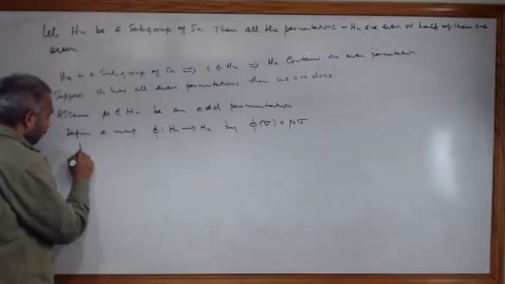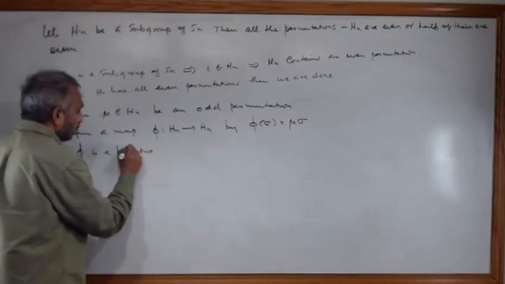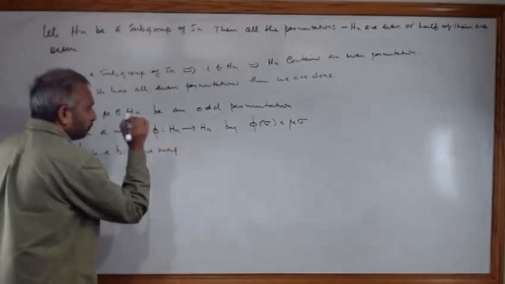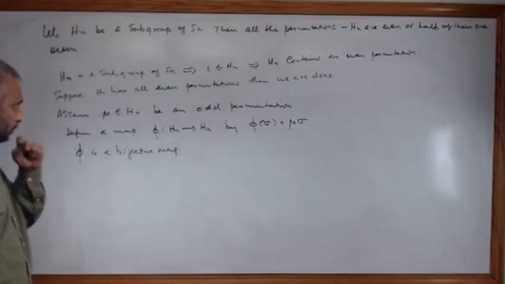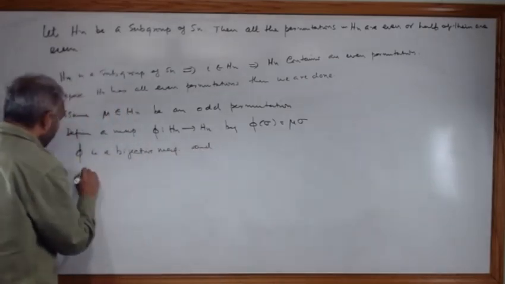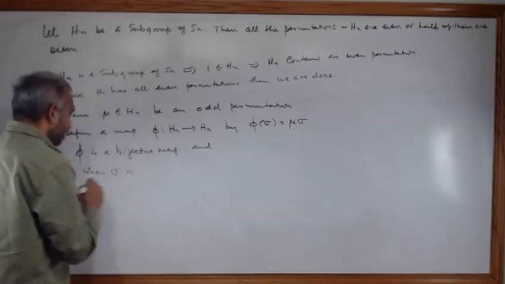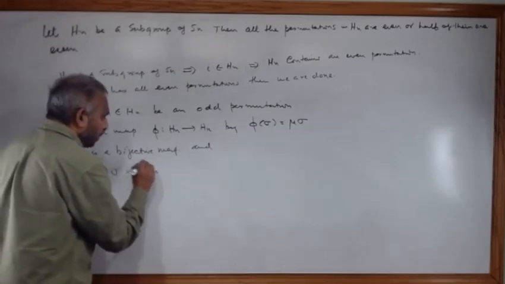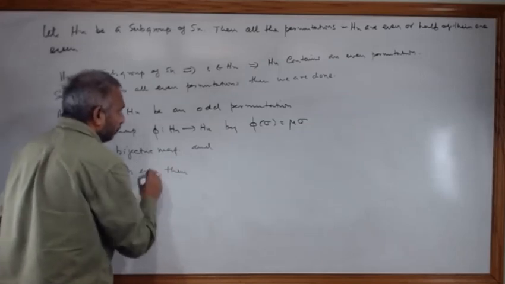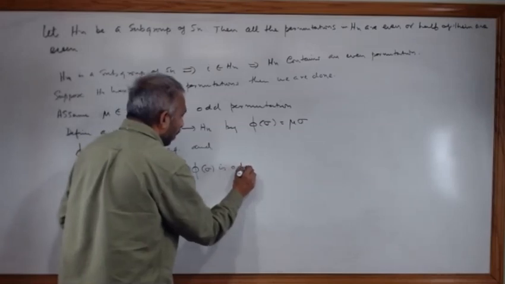So phi is a bijective map. When sigma is even, then phi of sigma is odd.